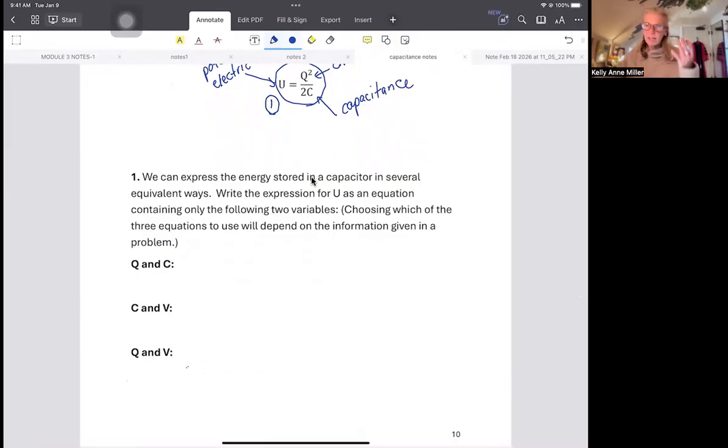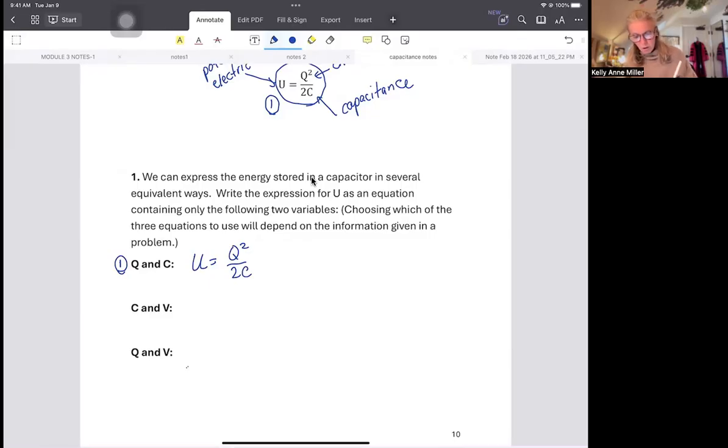But depending on what you have and what you're looking for, it's sometimes useful to express energy using these other two ways. So this is the one that we've already seen, with Q and capacitance. The electrical potential energy is just Q squared divided by 2C.